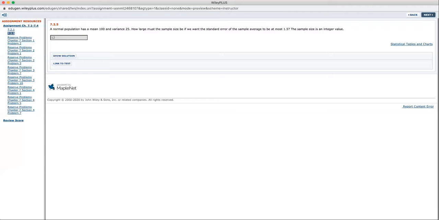Okay, so let's see, back to this quiz paper right here. Give me a second. All right, we're going to use the central limit theorem. The central limit theorem says that if the population is normally distributed, then the sample mean is normally distributed.